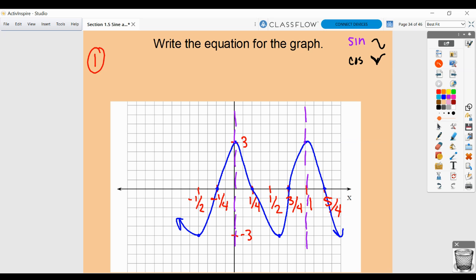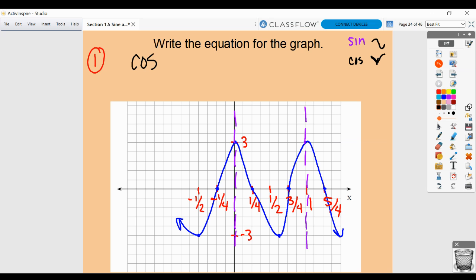So that section right there is all I need to look at to get my equation. So if you look at it, that looks like a U. So it is cosine.